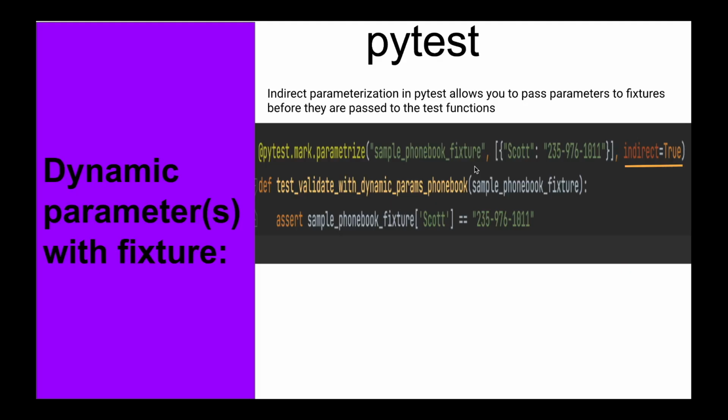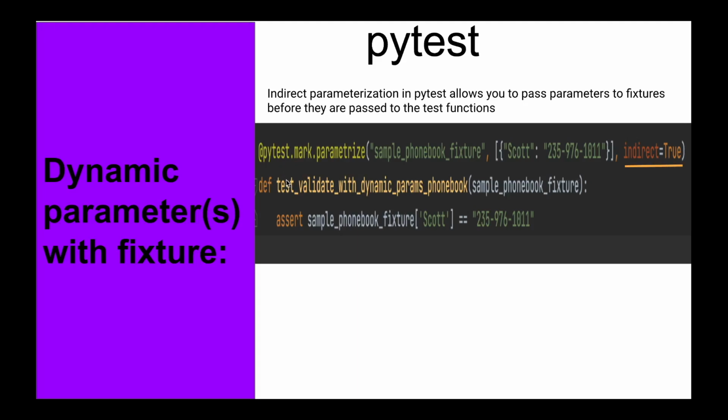Okay, so let's see one more example, Pytest fixture with dynamic parameters. In this example, I just provide a simple example. All you need to know is what the indirect attribute is.